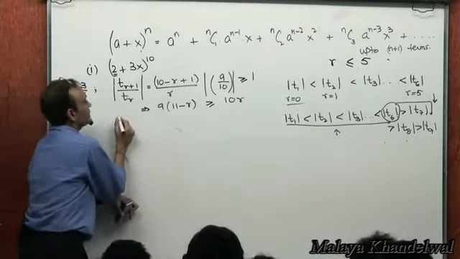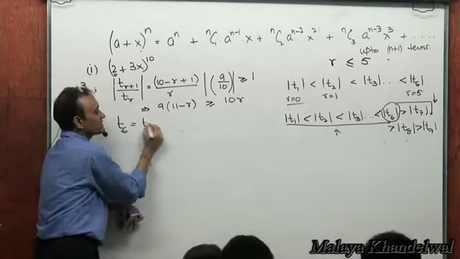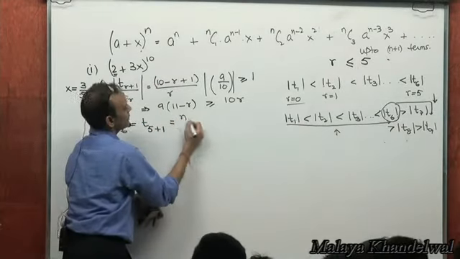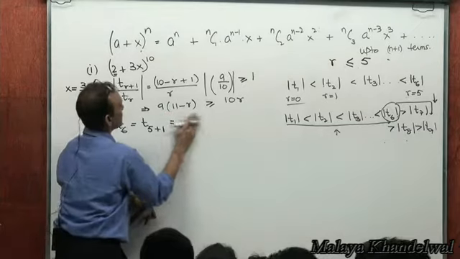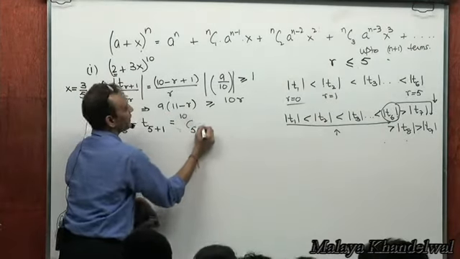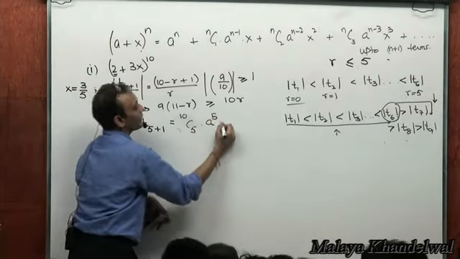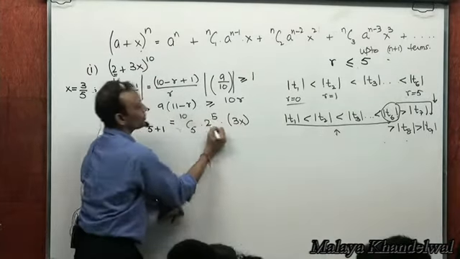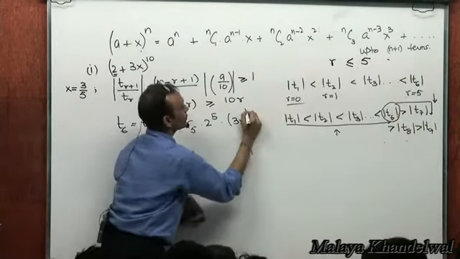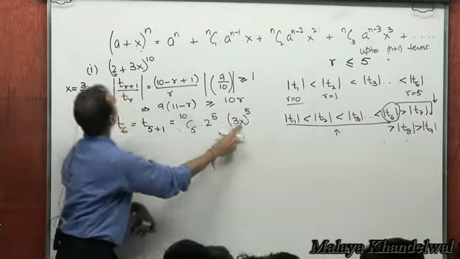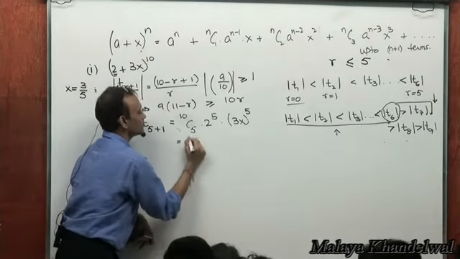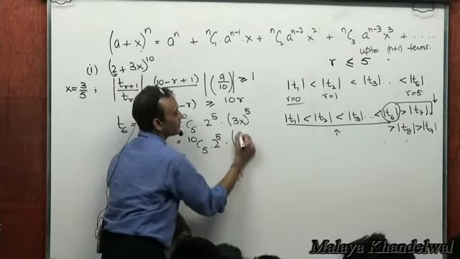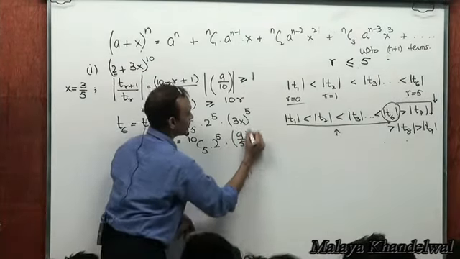So what is T6 then? T6 is T r plus 1, which is nCr, in this case 10C5, a to the power 5, 3x to the power 5. In this case a is 2, so 2 to the power 5 into 3x to the power 5. Plug in x equal to 3 by 5, that will be the greatest term. This is 10C5 a to the power n minus r, and then 9 by 5 to the power 5.